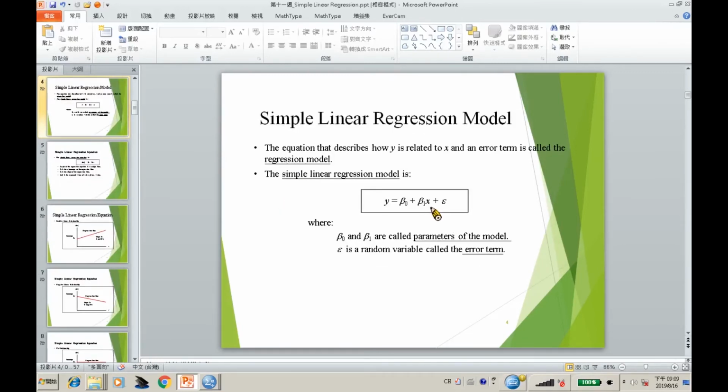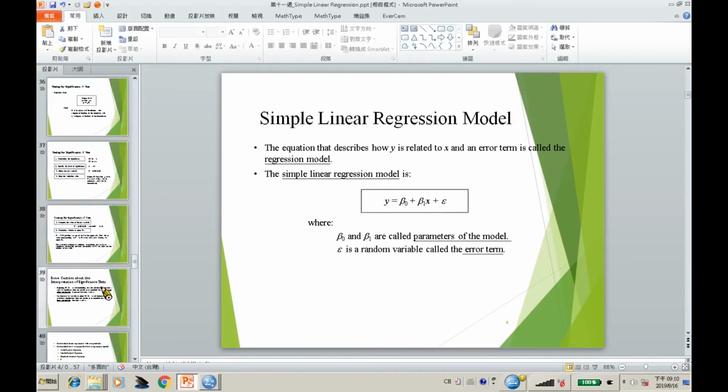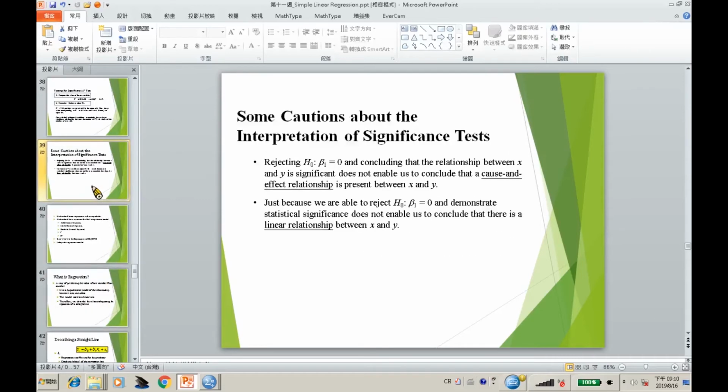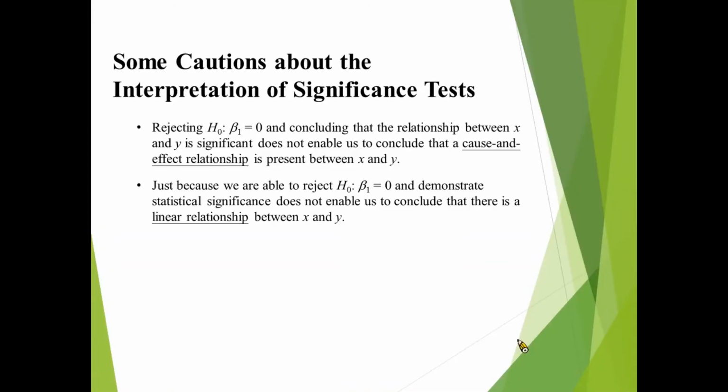If beta 1 is 0, then the independent variable, when we change it, doesn't influence the dependent variable. So this means in here.